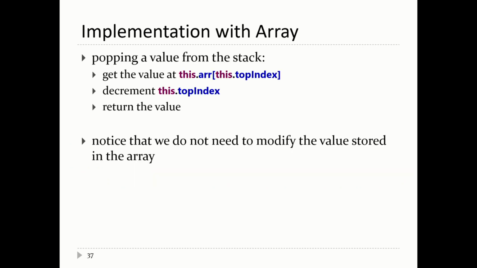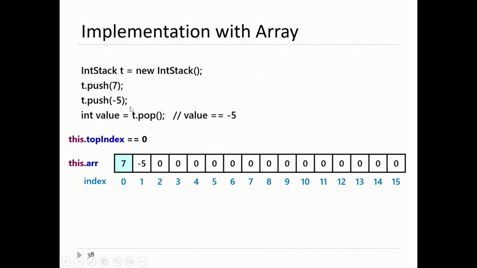And so popping a value is easy as well. You get the value at the top index, decrement the top index, return the value. So if I have 7 and -5, when I pop the stack, I'm going to return the -5. Top index goes down to 0, and I don't care that the -5 is still there in the array. If you want to, you can overwrite it with 0, but you don't have to.